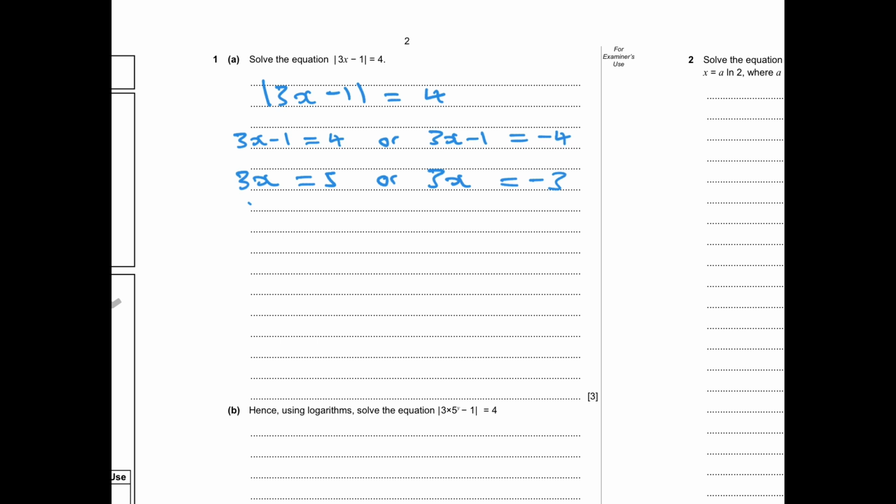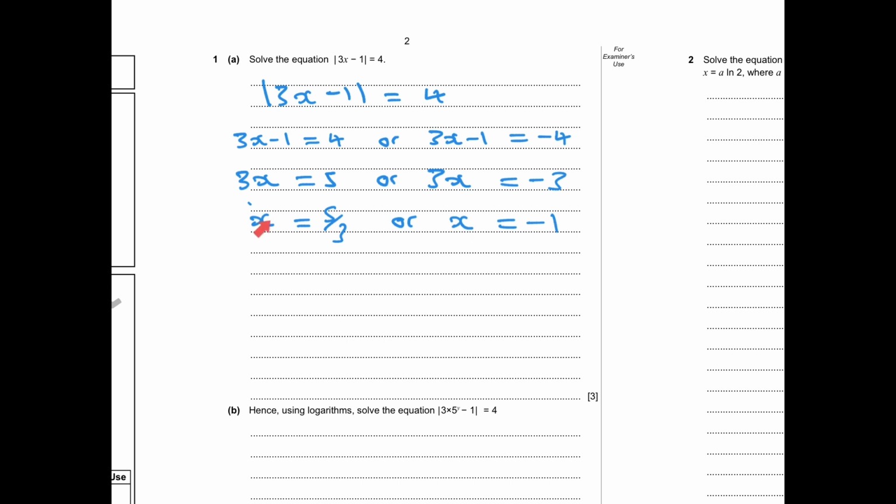So what am I having here? 3x is equal to 5. If I divide both sides by 3, I'm going to get x is equal to 5 over 3. Or on the other side there, 3x is equal to negative 3. What am I going to have? If I divide both sides by 3, I'm going to get x is equal to negative 1. All right. So these are my solutions.